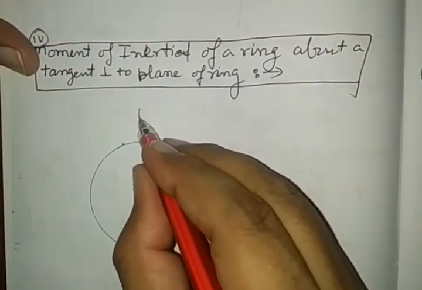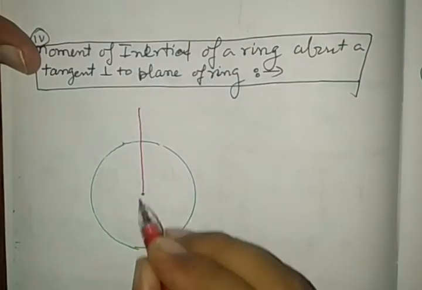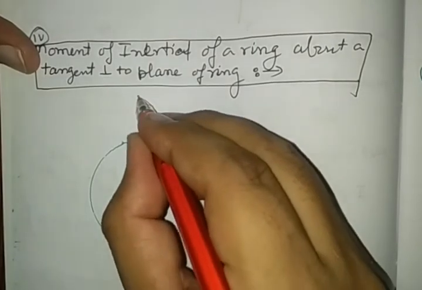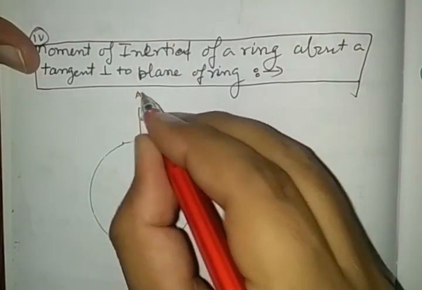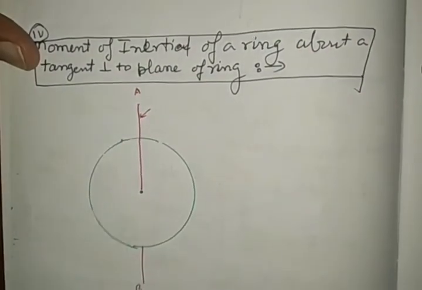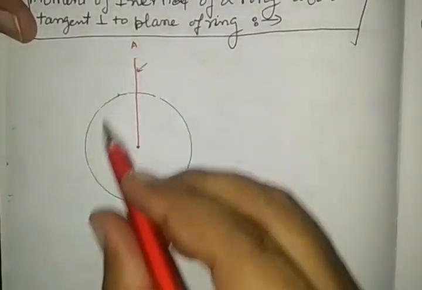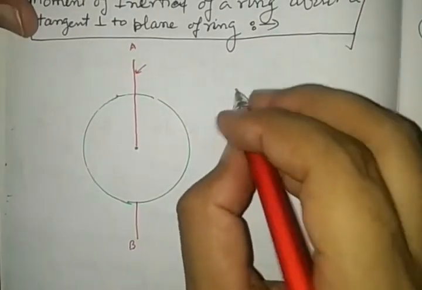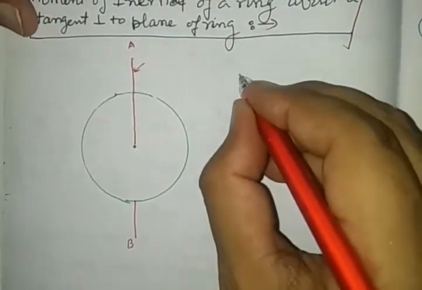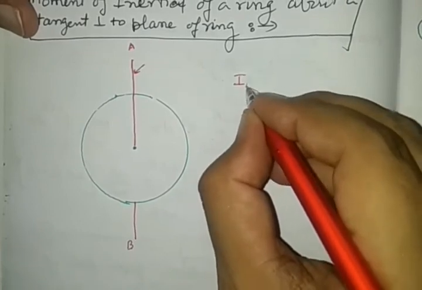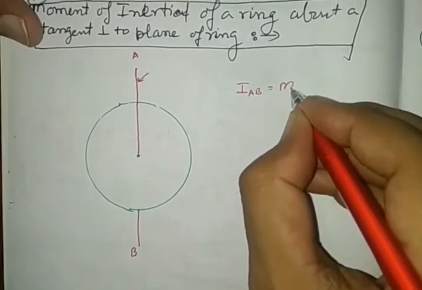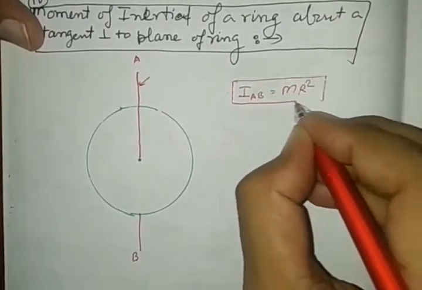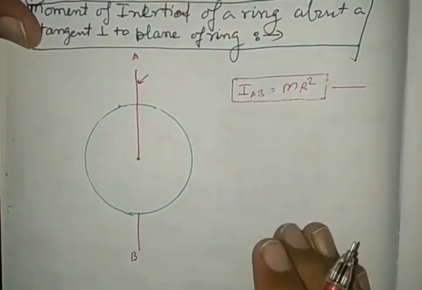Let the axis of rotation we are selecting be named AB in the diagram. This is perpendicular to the plane of the ring, and the moment of inertia around it is given by the formula IAB is equal to mr square. We calculated and derived this in the first case.